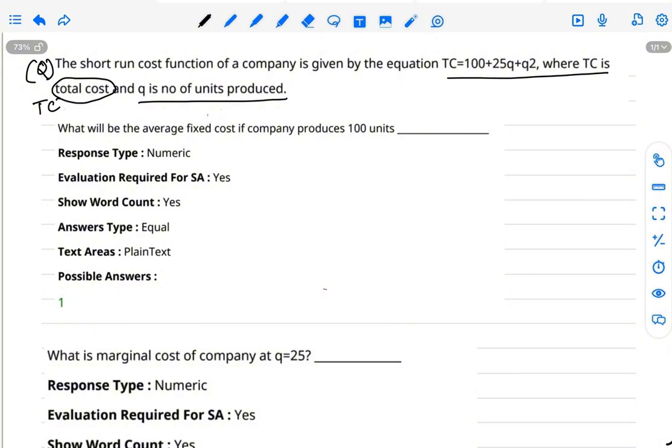What is meant by short run? In short run cost functions, some inputs are fixed. For example, rent and building cost, that is building cost includes rent and machinery costs.